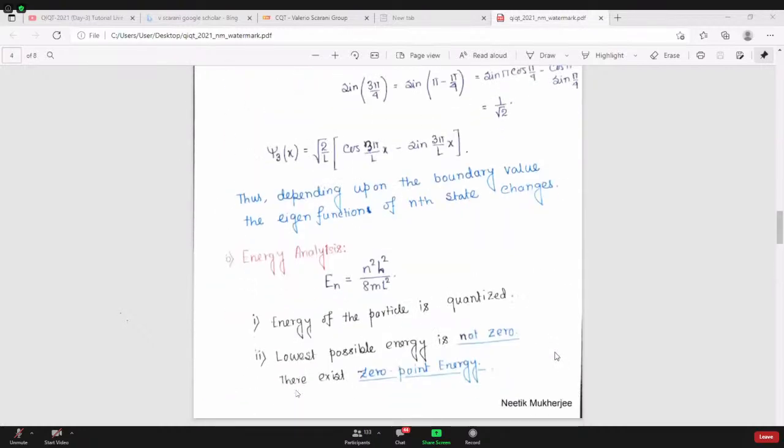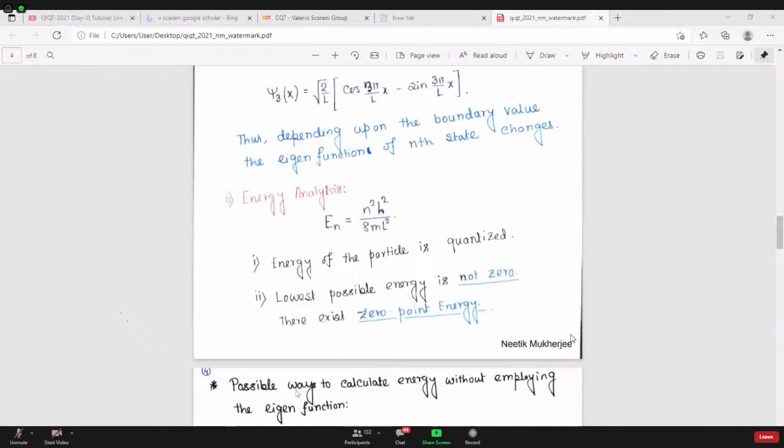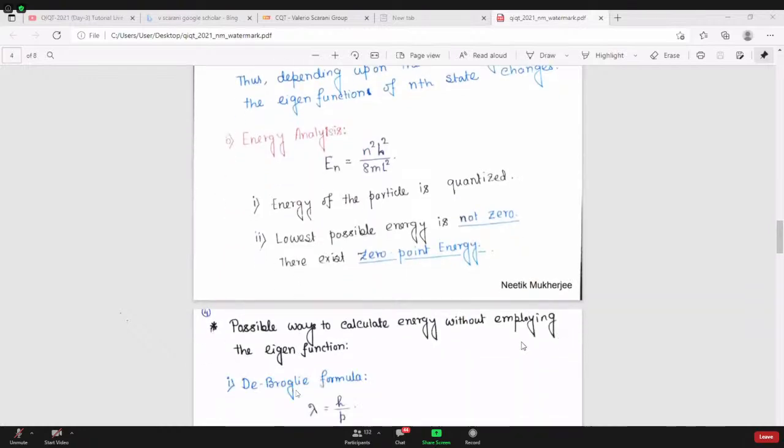Provided we have the wave function, we can do it by applying the operator. No. Just think we don't have the wave function. Sir, we can use momentum, because for the ground state, delta x is the entire L. So for that we can use the uncertainty principle and obtain delta P, and from that we can calculate.